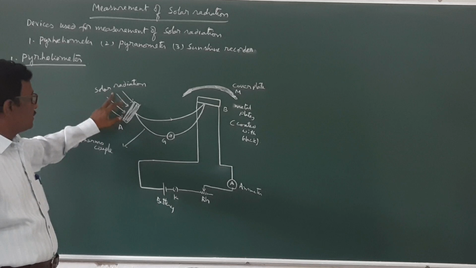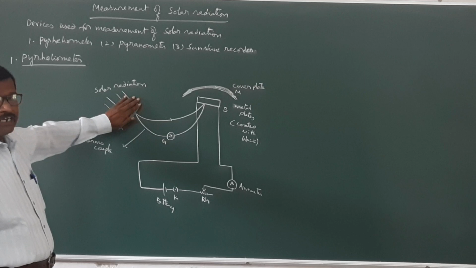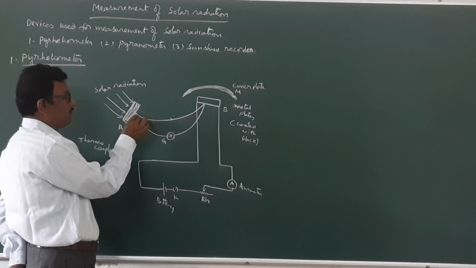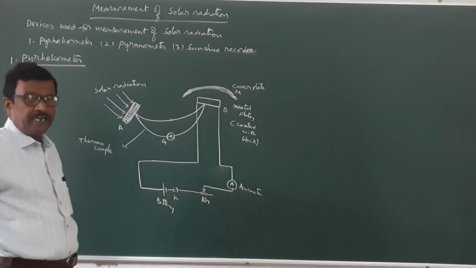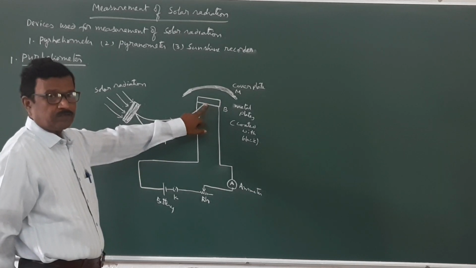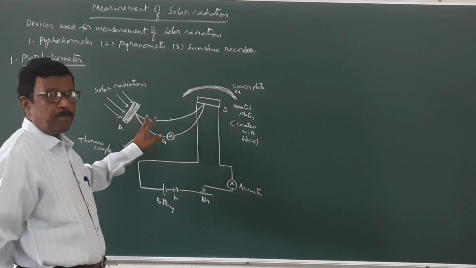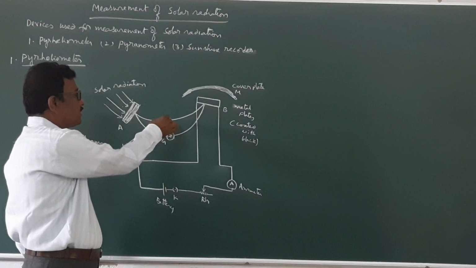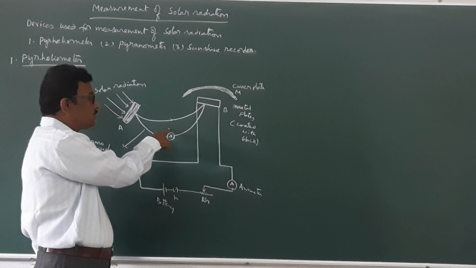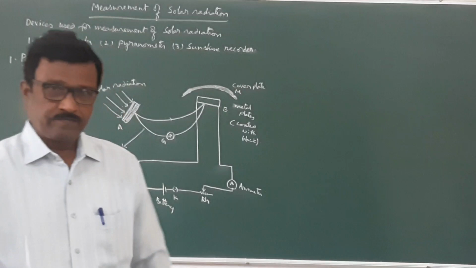When solar radiation is incident on the plate A, it gets heated up. Therefore, the junction at the plate A of the thermocouple is heated up, the temperature increases, while the junction B is at low temperature. Due to the temperature difference between the two junctions, EMF is produced in the thermocouple and passes through the circuit. Due to this thermo EMF, the galvanometer will show a deflection.